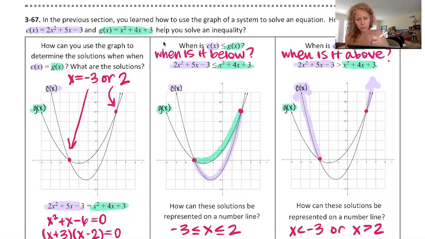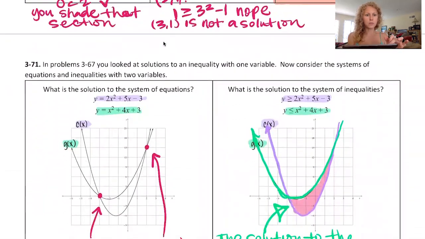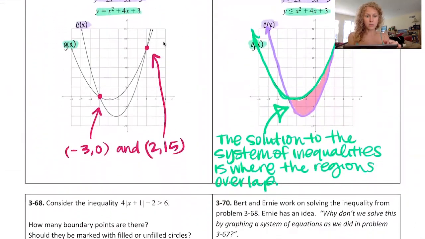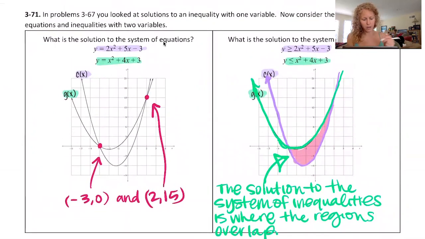On the other one, purple is above green in this section, on the outside of the two boundary points. If we're looking for when they're a system of equations, what is the solution to the system? Well, it's actually both the x, y coordinates because we have two variables in our equations.